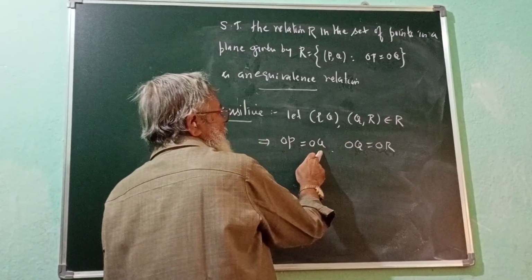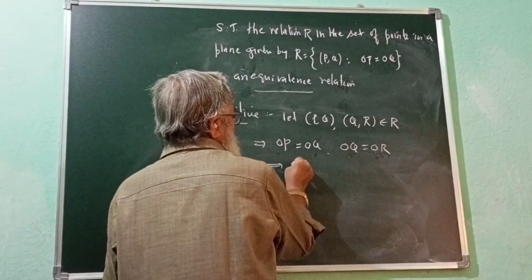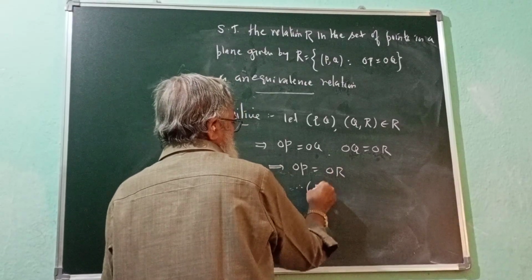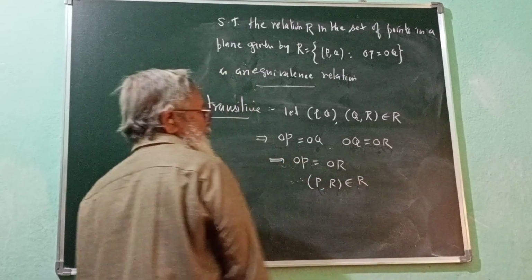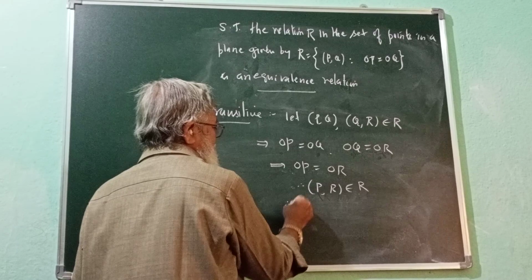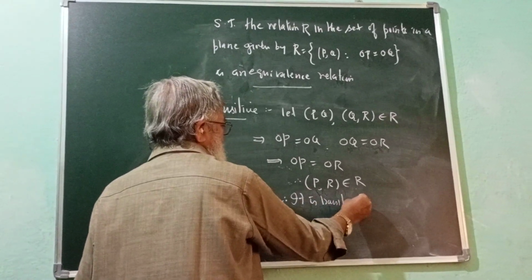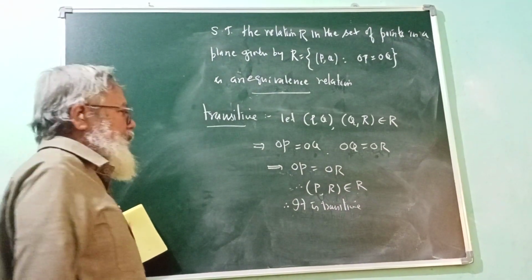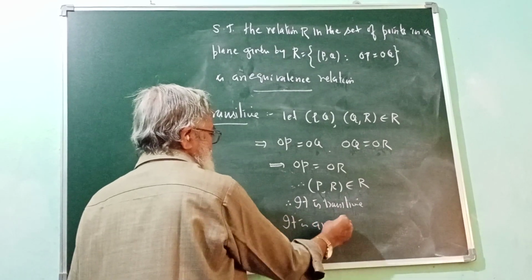When OP is equal to OQ and OQ is equal to OR, automatically OP is equal to OR. That means the point PR belongs to the relation R. So therefore it is transitive. So it is reflexive, symmetric and transitive. Therefore it is an equivalence relation.